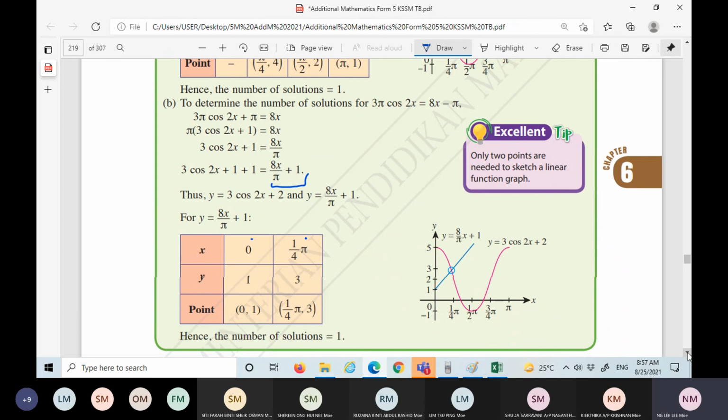The last one should be pi over 4, because when the number is very big, the line goes off the graph. You can choose any of the x here. They choose pi over 4. If for me, maybe I will choose pi over 2 first, to test. Then you see this straight line and this curve will intersect at 1 point, so the number of solutions here is also 1.